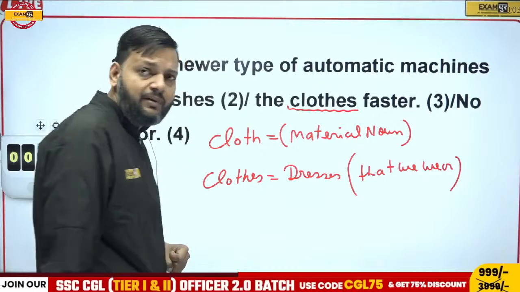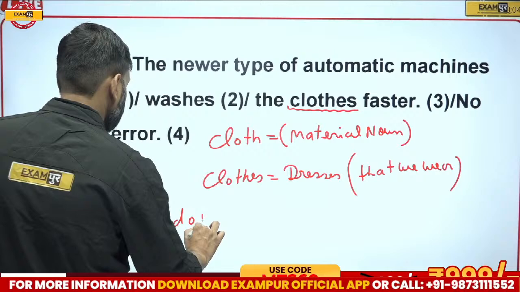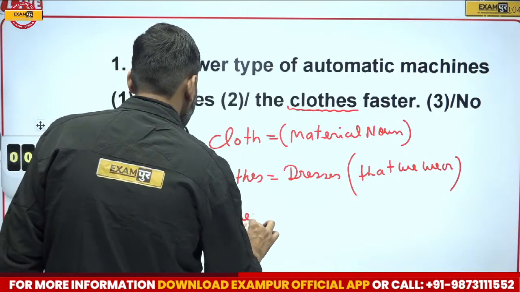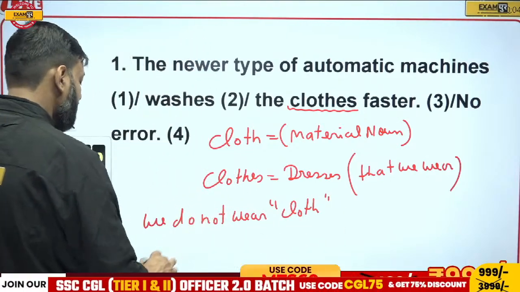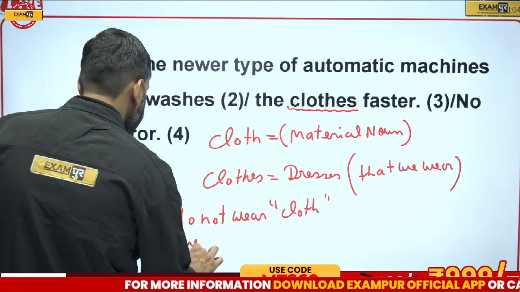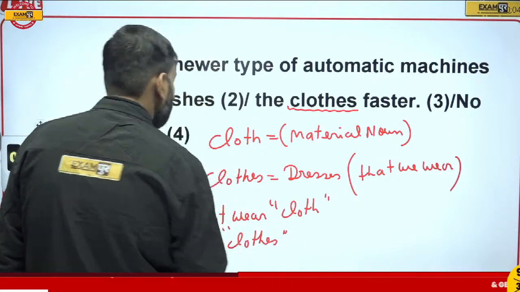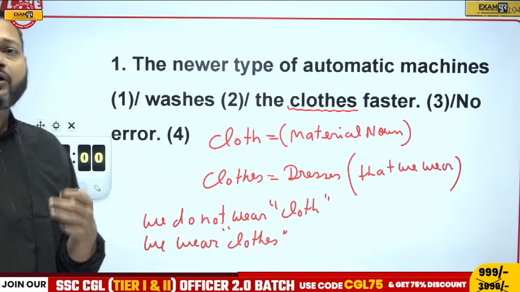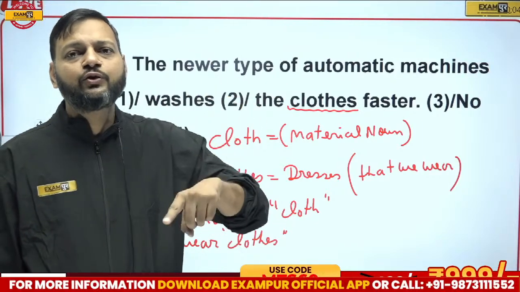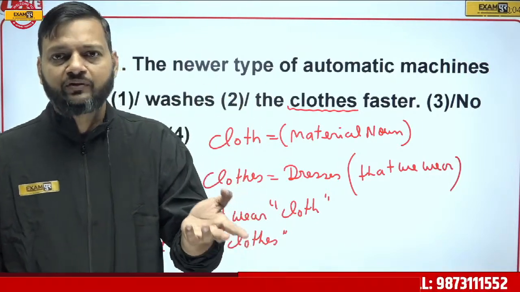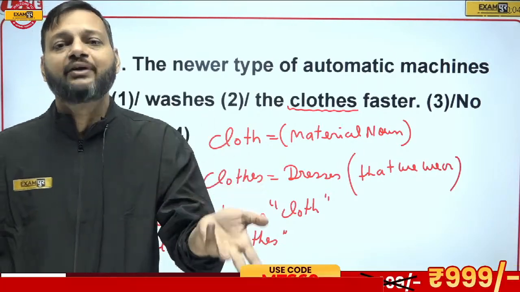Always remember, we do not wear cloth. We wear clothes. Cloth is used to make clothes. So clothes means dresses, and cloth is the material noun of which clothes are made, right?